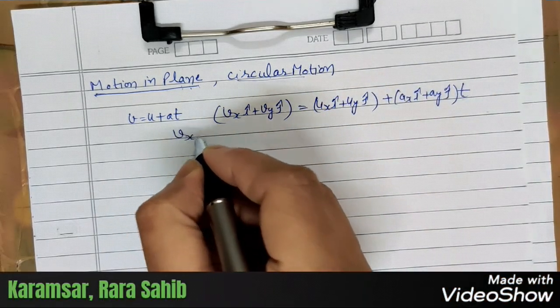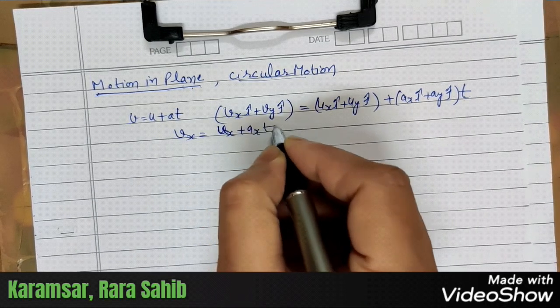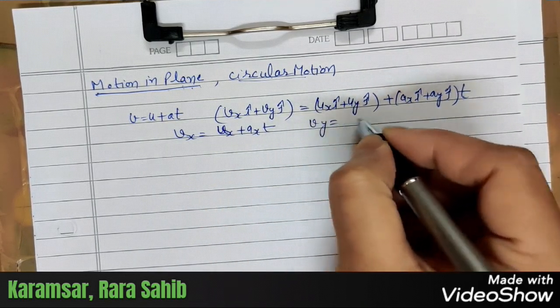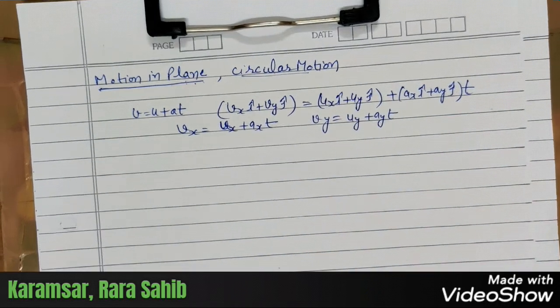Then along the x-axis this equation is vx = ux + ax t, and along the y-axis this equation is this one.